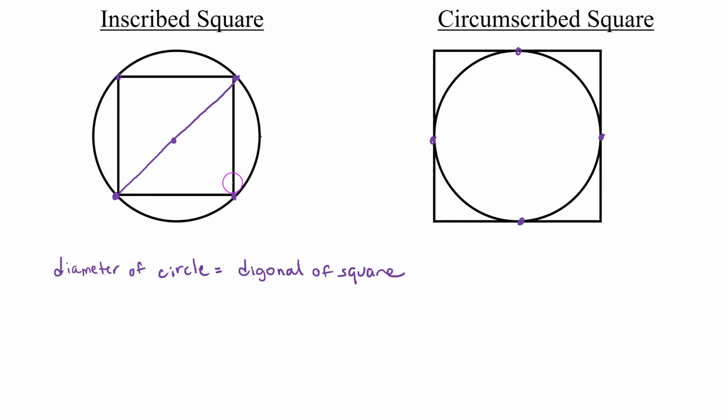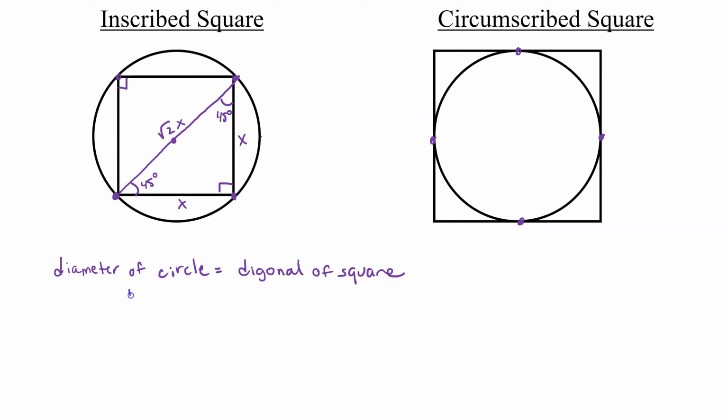Also, in a square, we have 90-degree angles. All 4 of the angles are 90 degrees. If this gets cut in half by the diagonal of the square, then this angle is 45, and this angle is 45 as well. And we know for a 45, 45, 90 triangle, the relationship is x, x, root 2 x. So we could also say that the diagonal of the square, or the diameter of the circle, they're the same thing.